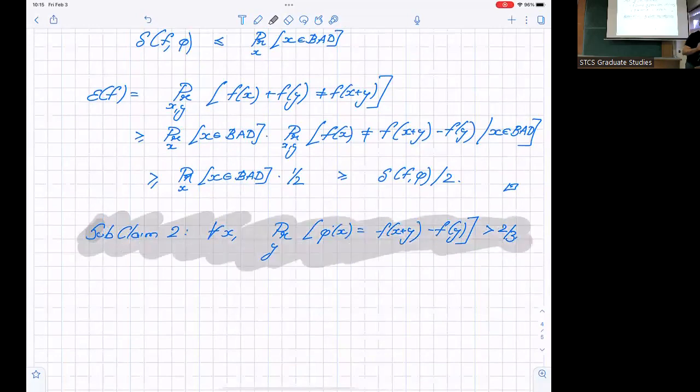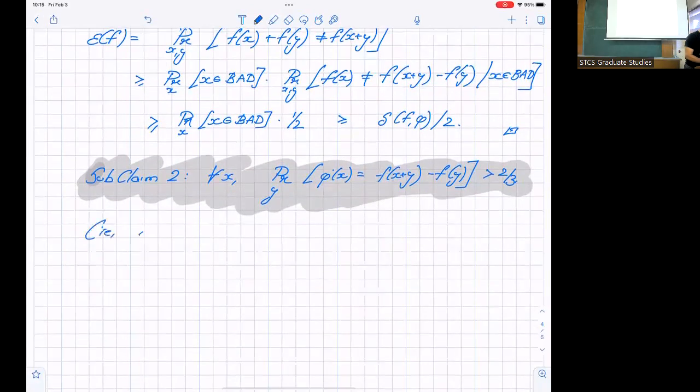Greater than half is just by definition, at least for Boolean valued functions. But here I want to claim that it's not just half, it's actually 2/3. It's an overwhelming majority.